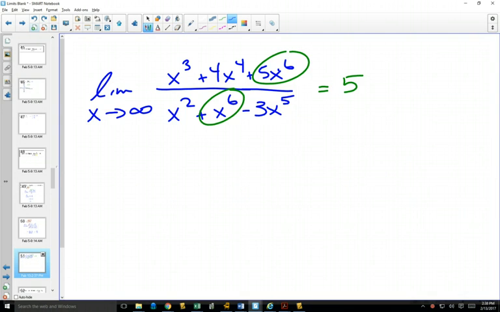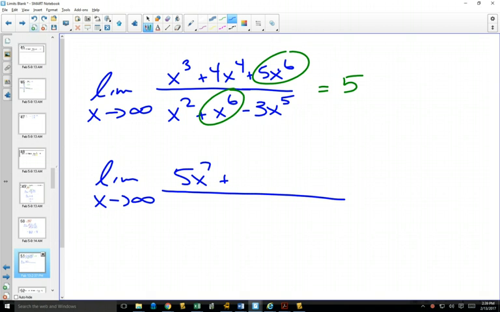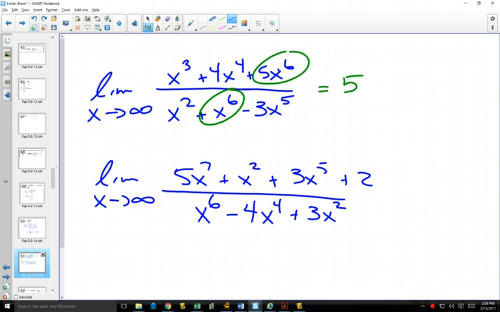What if I gave you the limit as x goes to infinity of 5x to the 7 plus x squared plus 3x to the 5 plus 2 over x to the 6 minus 4x to the 4 plus x squared? What would that limit be?